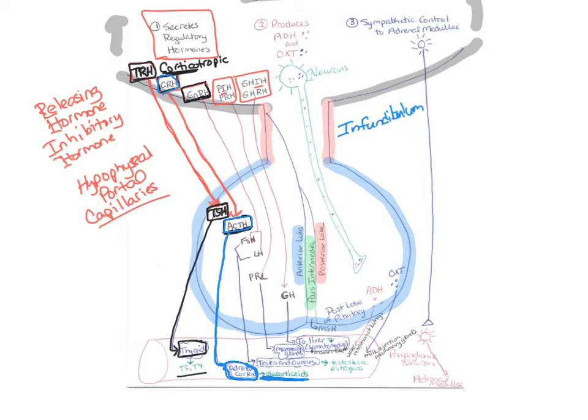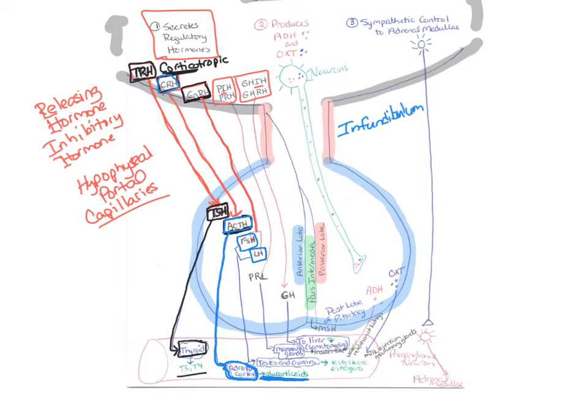So this gonadotropic releasing hormone gets released from that hypothalamus, and it travels down through those little hypophyseal portal capillaries down to the anterior lobe of the pituitary. Now, in the anterior pituitary, it'll cause some cells to release FSH and some cells to release LH.